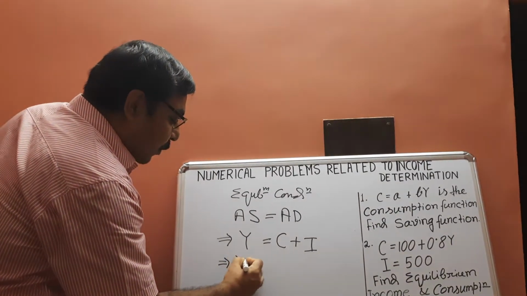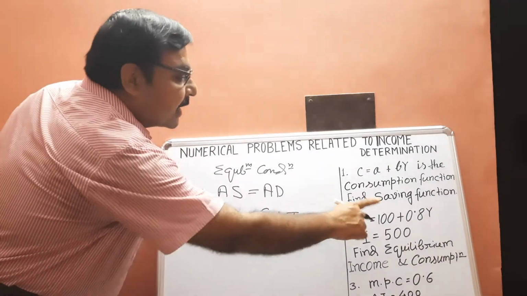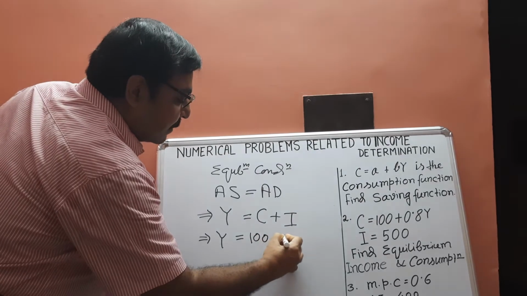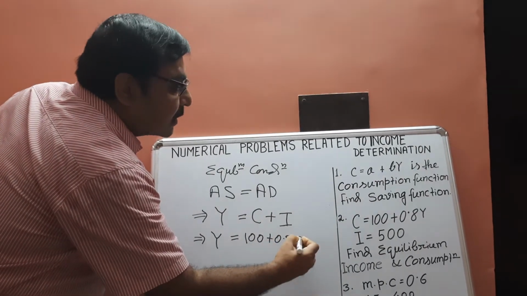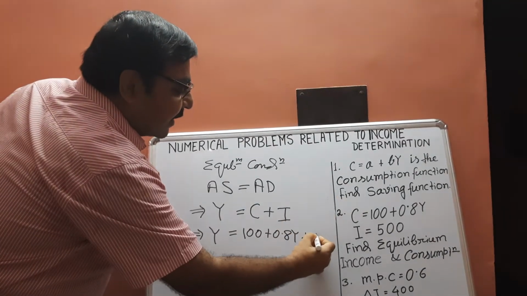Now, Y is equal to C, which is given as 100 plus 0.8Y, and I is given as 500.